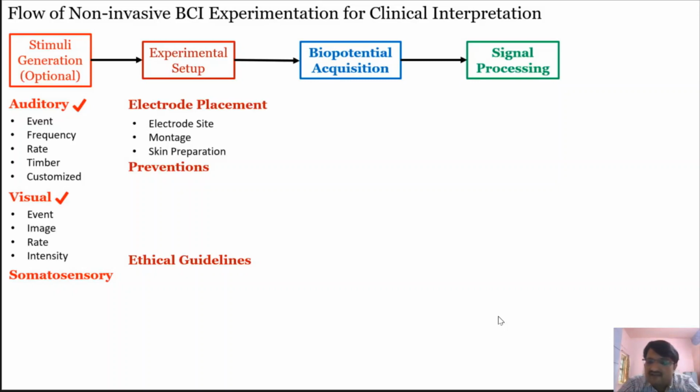Referencing is required because if you take a nearby electrode as a reference, most of the common noise will get eliminated. We will see this in detail. I will also show you an example of the same recording done with two different montages.